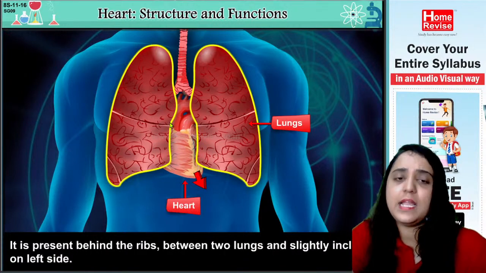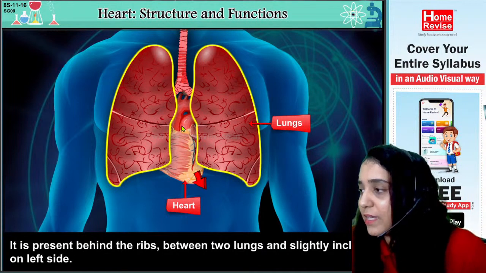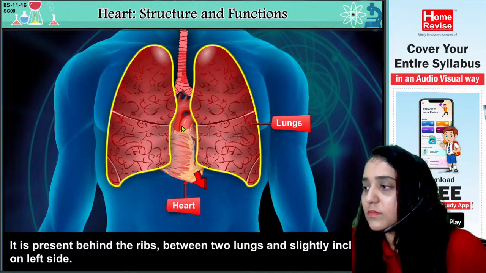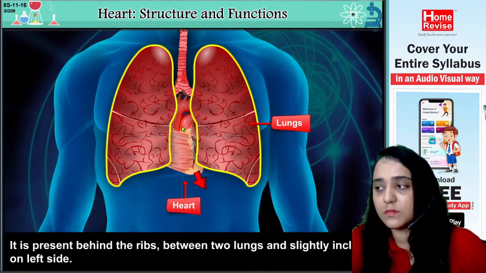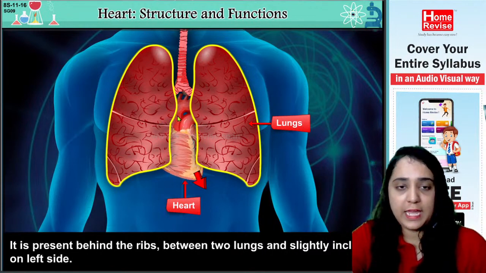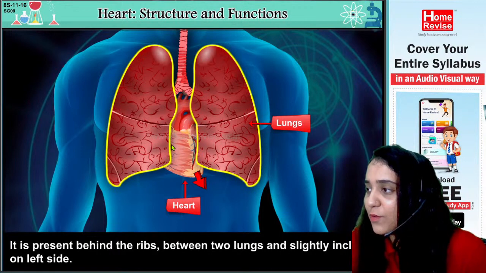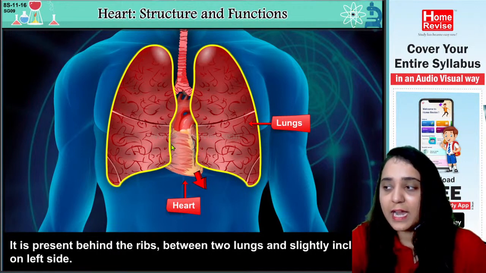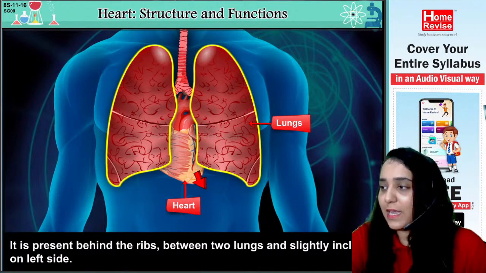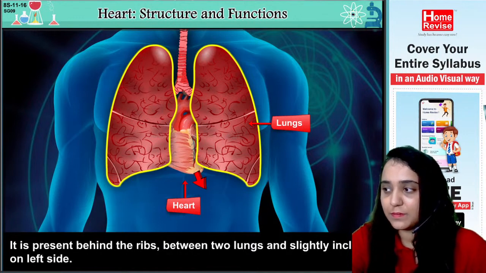Everybody knows this thing. Is everyone aware that the heart is inclined slightly on the left side?